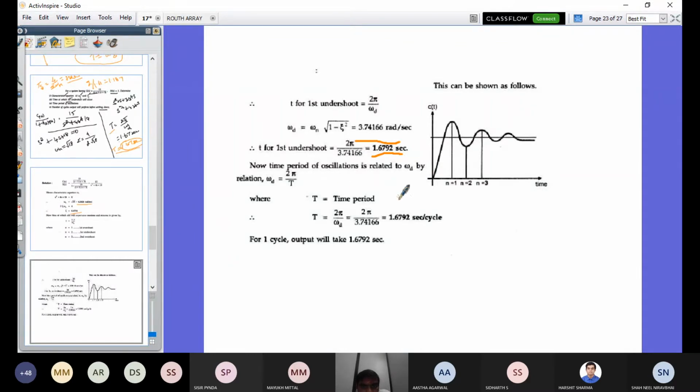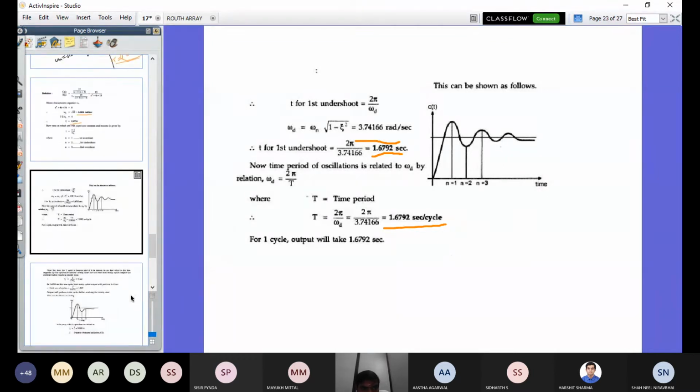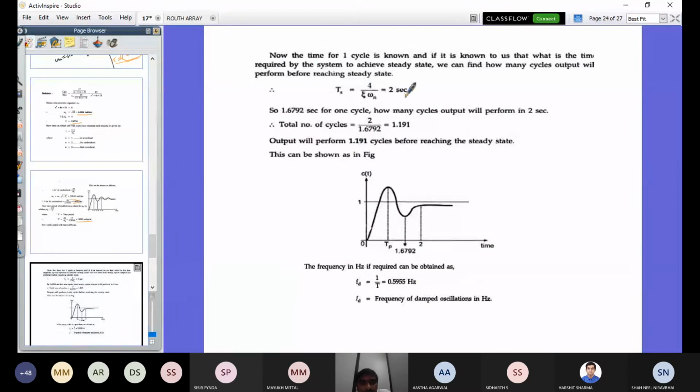The time period of oscillation is 2 pi by omega d, so we get the same 1.6792 seconds per cycle. Settling time is 2 seconds, and before the settling time it completes 1.191 cycles before reaching steady state. Any doubt up to that? We'll move to the next problem.